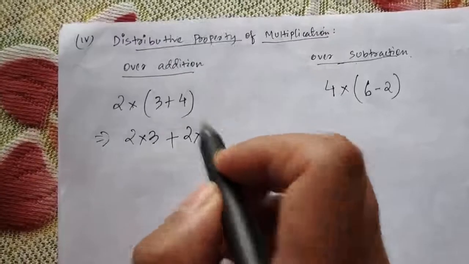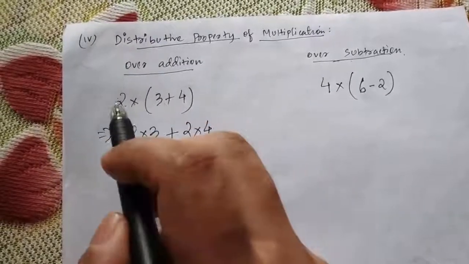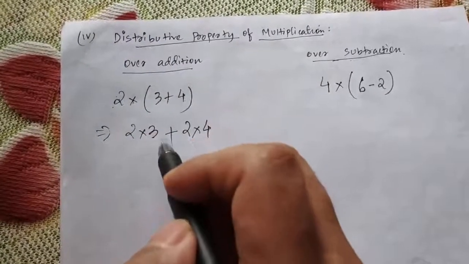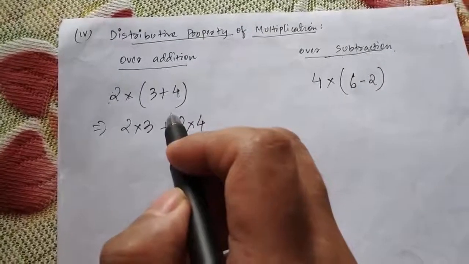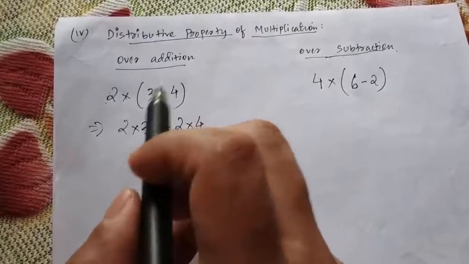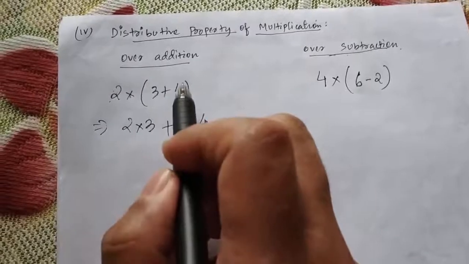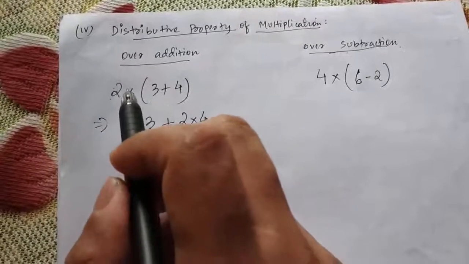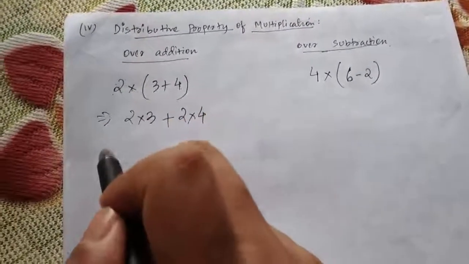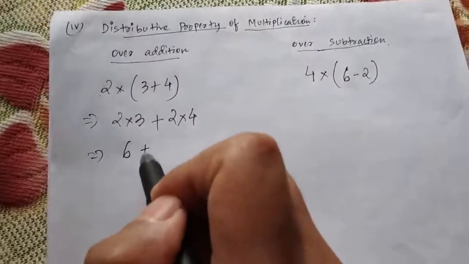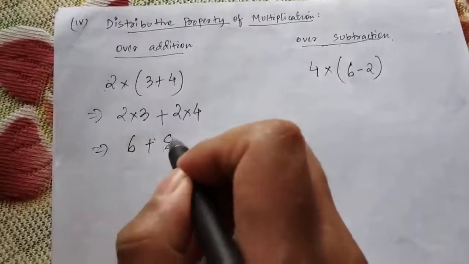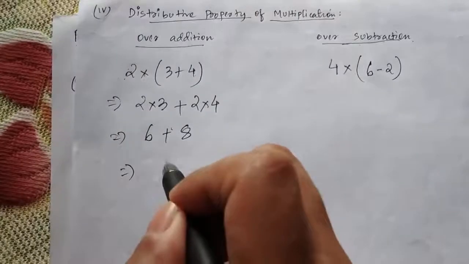It means that this 2 will multiply with 3, this 2 will multiply with 4, and in between them the operation will be addition. This is known as distributing. This distribution of the integers will take place over the multiplication. So 6 plus 8, we got 14.